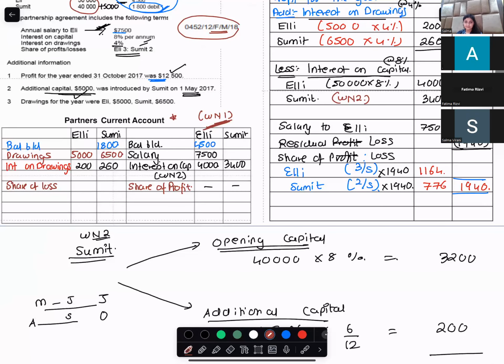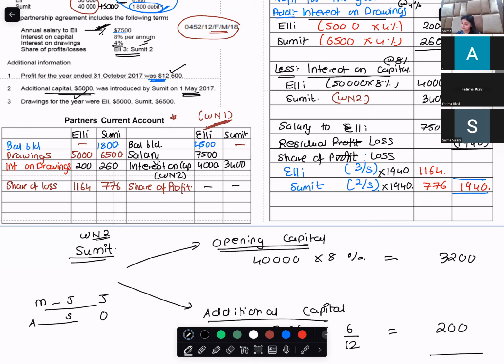Debit side. 1,164 and 776. Are you with me? Yes, miss. Mahad, are you with me? Yes, miss.